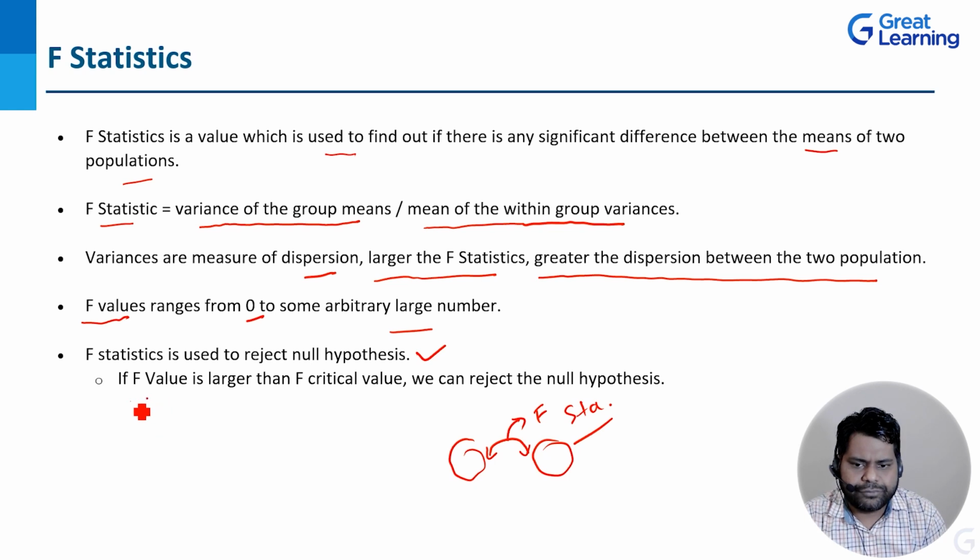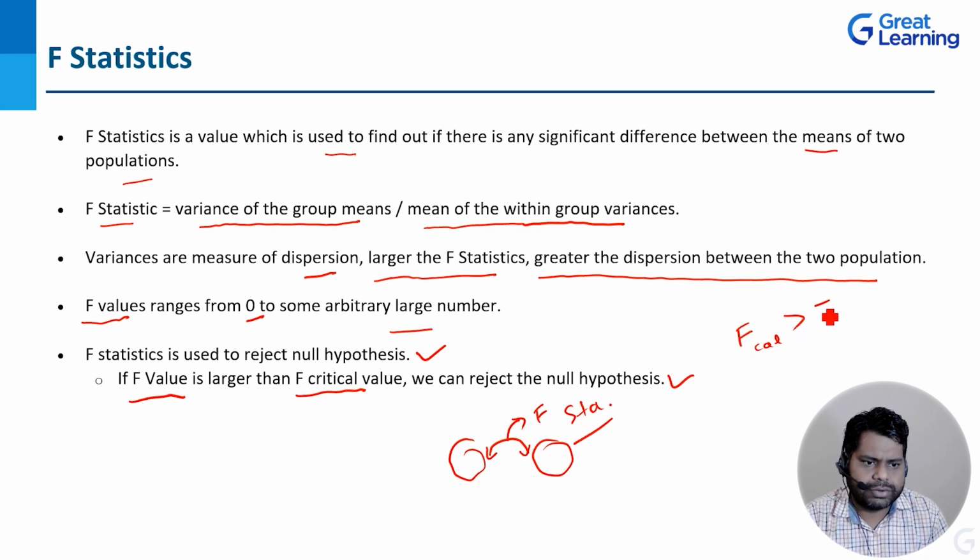If your calculated F value is greater than the tabular F value or critical F value, then you can reject the null hypothesis. So if your F calculated is greater than your F tabular, then we can reject the null hypothesis.